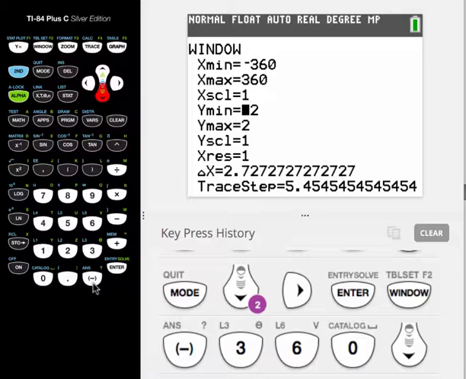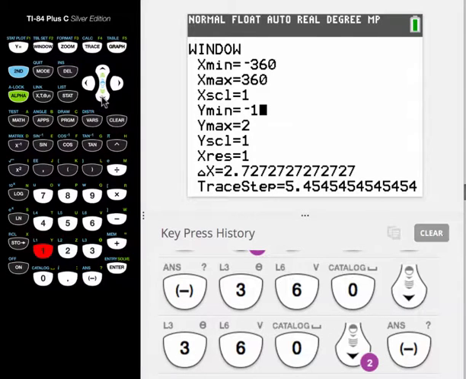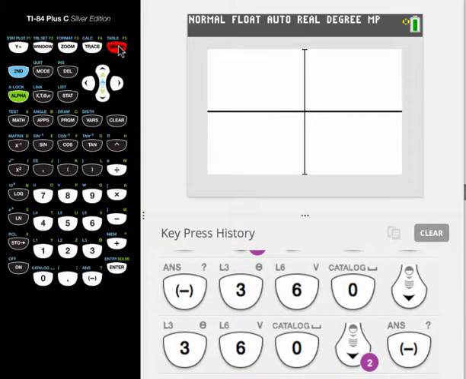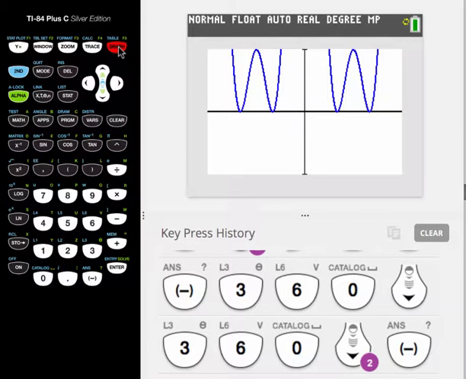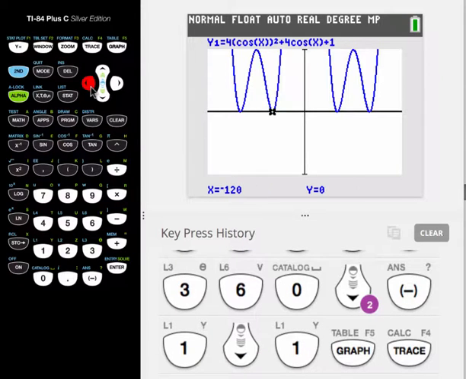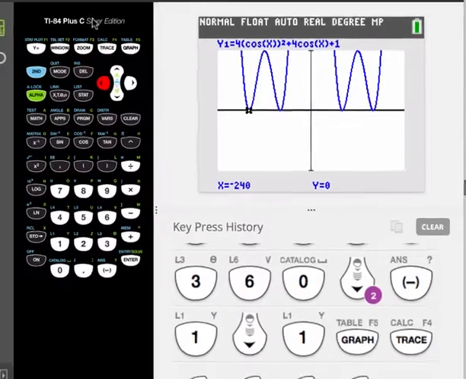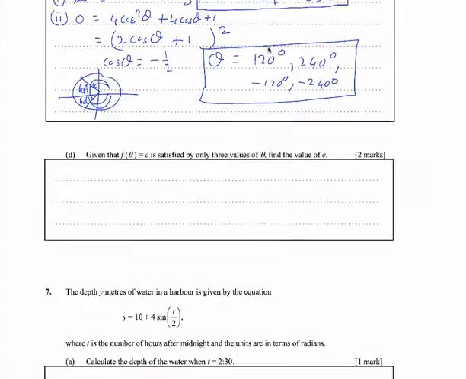I'm only interested in touching the x-axis, so I'm fine with this Y range. Definitely 4. Normally I don't trace, but I'm just checking whether my answers seem correct. Oh yep, mine's 120, and mine's 240, and of course it's symmetric. So I am satisfied that that went fine.